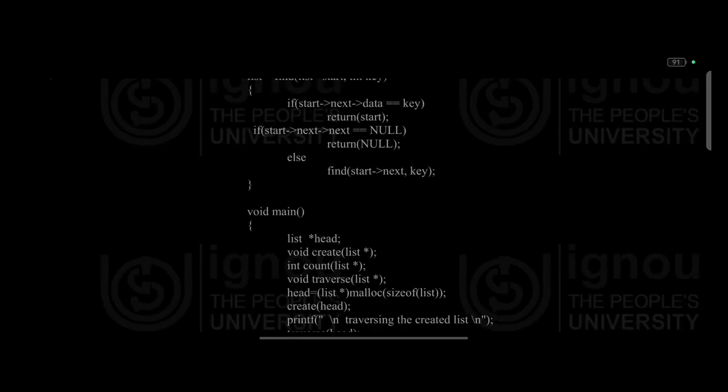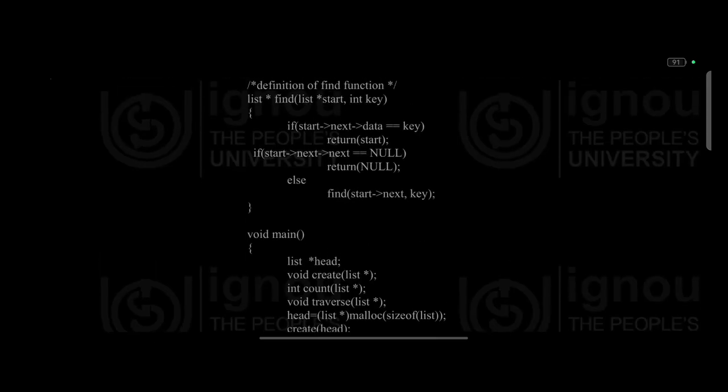list *find(list *start, int key): if start->next->data == key, return start. If start->next == NULL, return NULL. Else return find(start->next, key).